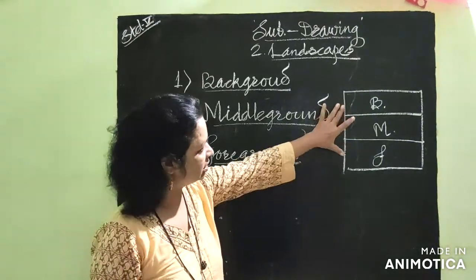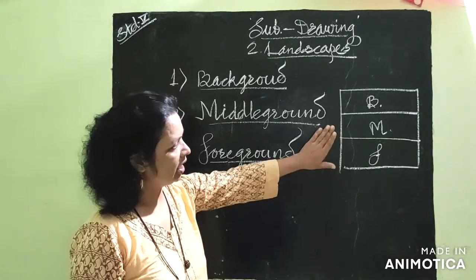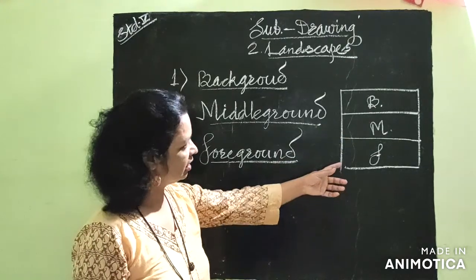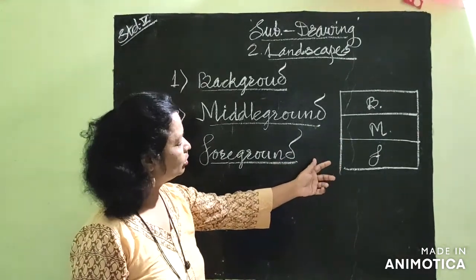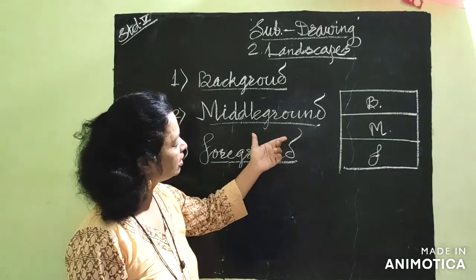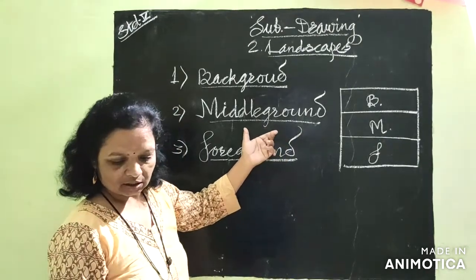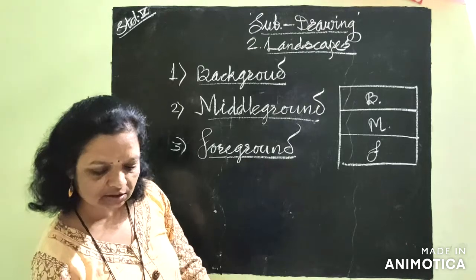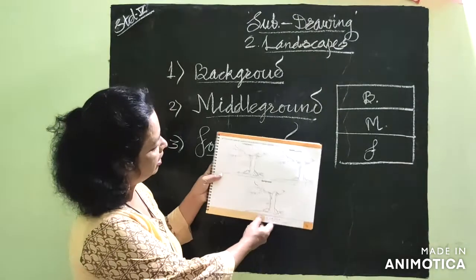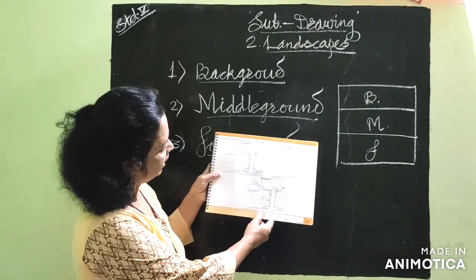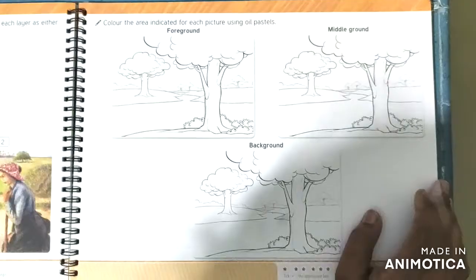So these are the three parts of any landscape. We learned it already. Depending upon this concept, we have given here one coloring activity. So let's try this.